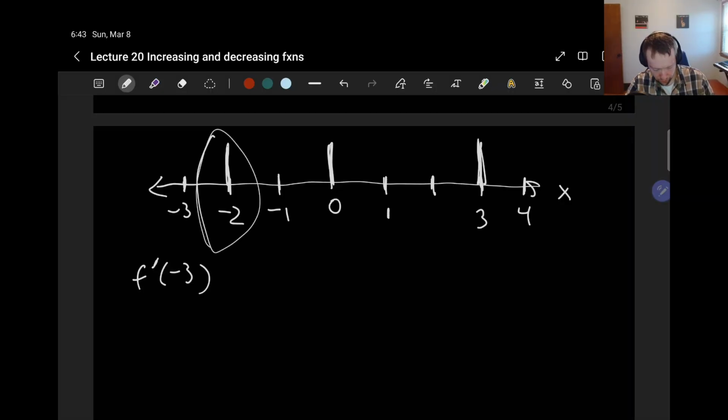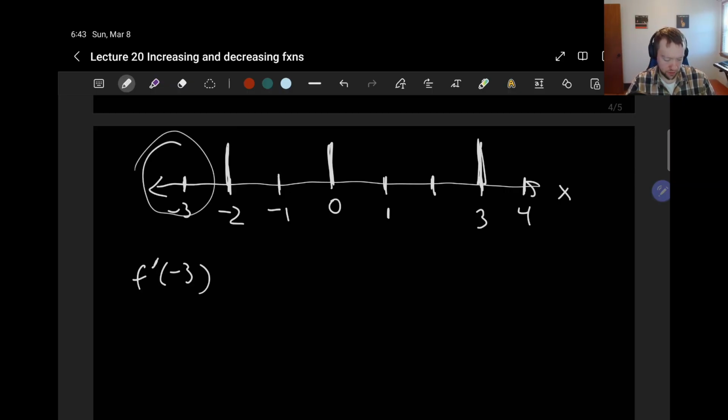It will not be helpful to plug in -2 because we know the derivative is 0 there. I want to know what happens over here. All I need is to plug in -3, and that'll show how the derivative behaves elsewhere in this whole section. So what's more important than finding the particular value is, is this positive or negative?